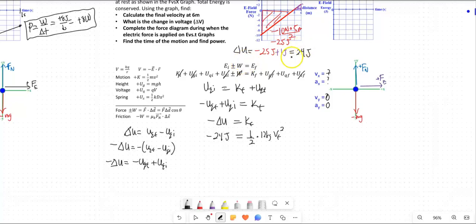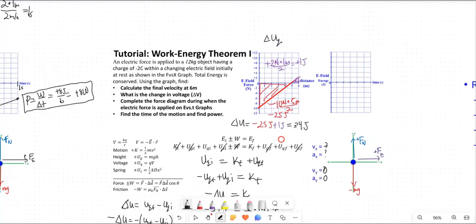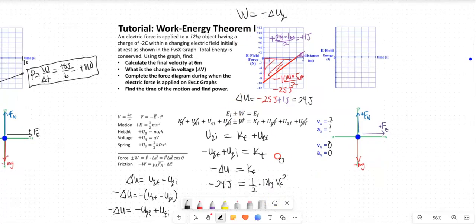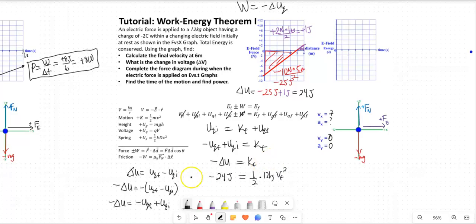Oh, you know what? I forgot to mention something. The total work done by the electric field is the negative of this, right? Because the negative of the electric field. So, this area. Oh, sorry.